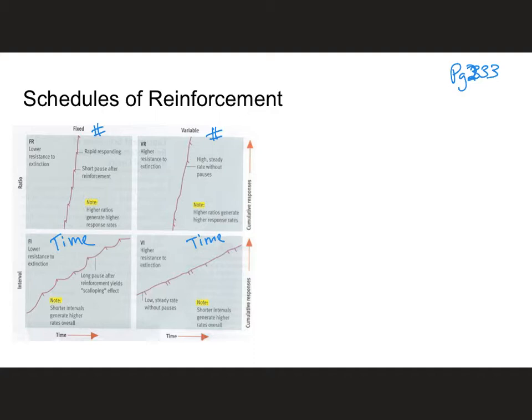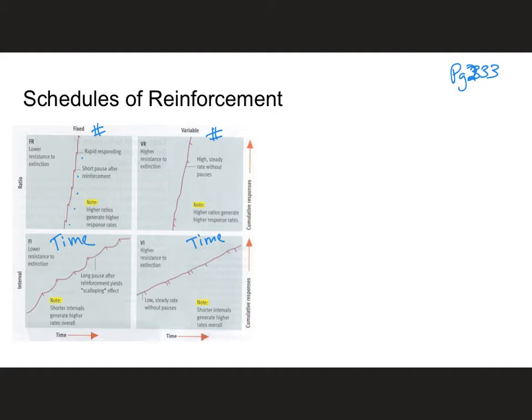Okay, so what we found is if you are to give somebody a fixed ratio as far as responding goes, we know that these little dash marks on all of these are going to be the reinforcer, right? So let's say we're talking about pigeons and food, right?